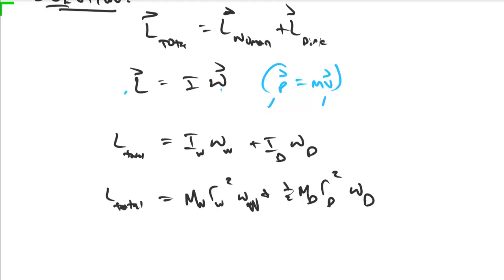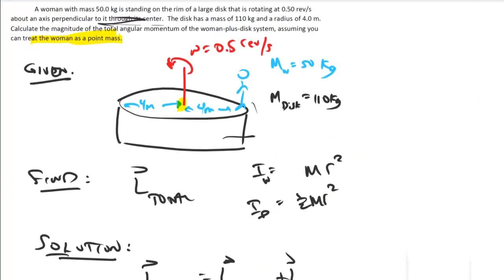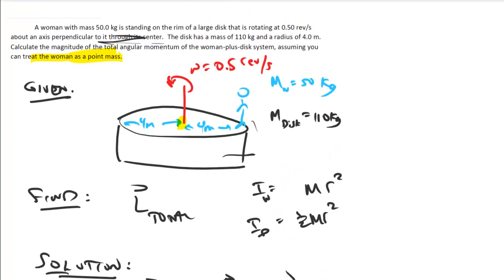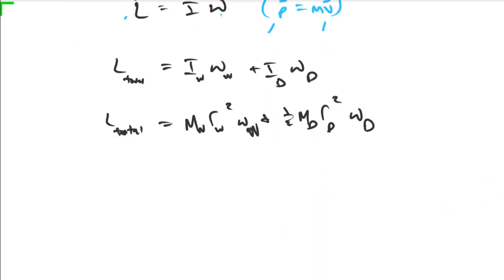Actually, I can factor this out because they're rotating together. The woman is on the disk, so they have the same rotational velocity of 1/2 revolution per second. So I can factor out this omega.